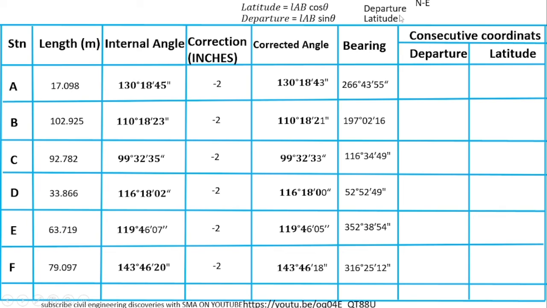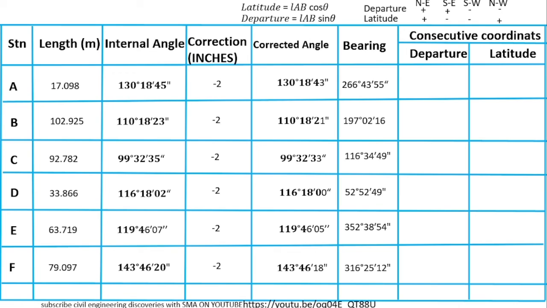When the bearing comes in the NE quadrant, we will use plus for both departure and latitude. If it comes in the SE quadrant, the signs for departure and latitude are plus, minus; for SW, minus, minus; and for NW, minus, plus. So these are the rules for the departure and latitude.